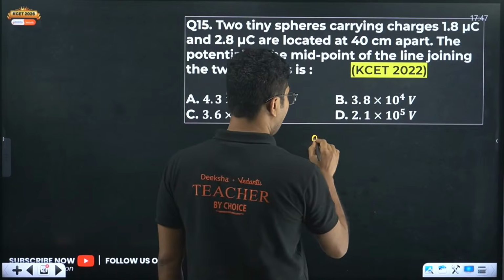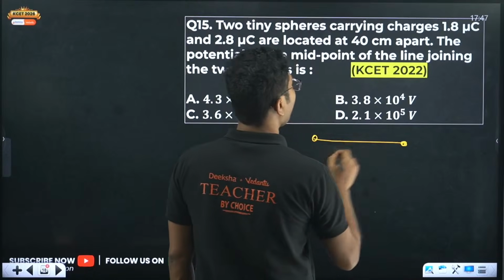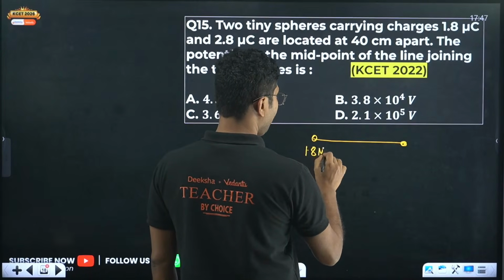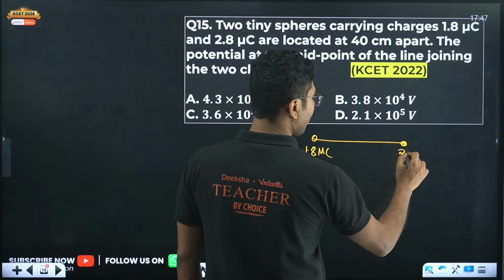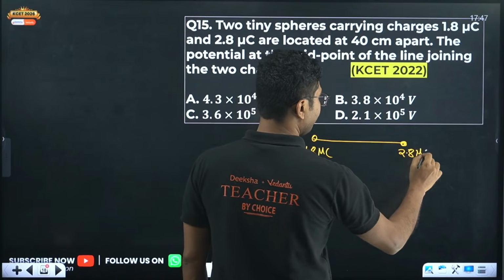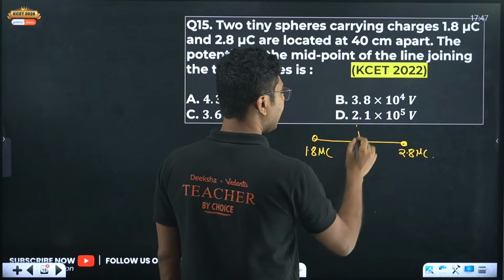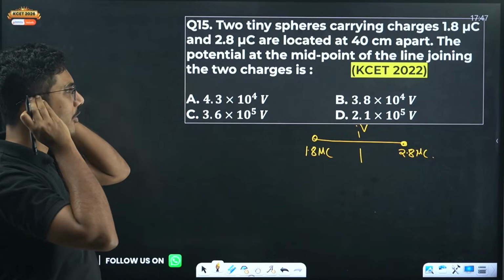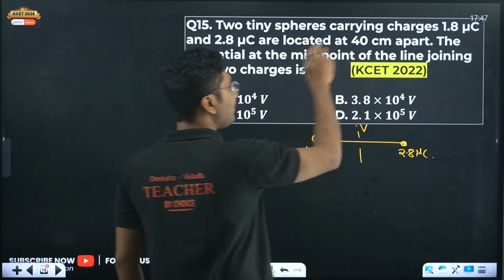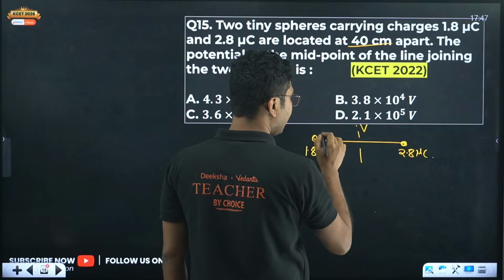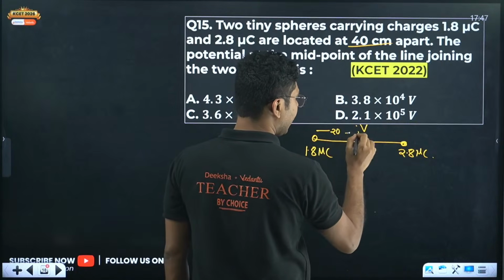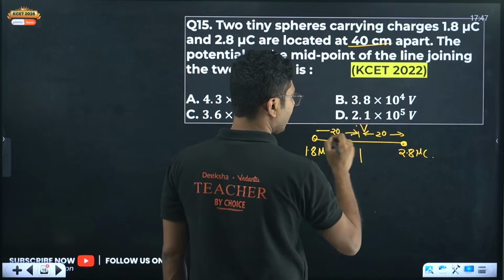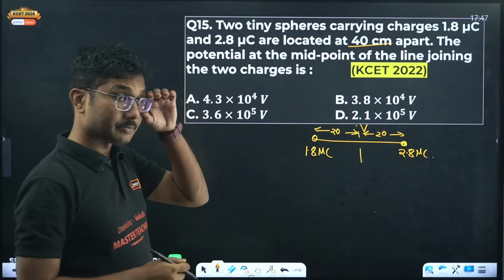So we have two charges, 1.8 microcoulomb and 2.8 microcoulomb, and we are trying to find electric potential, not electric field, at the midpoint. The total distance is 40, so each distance is 20 centimeter.